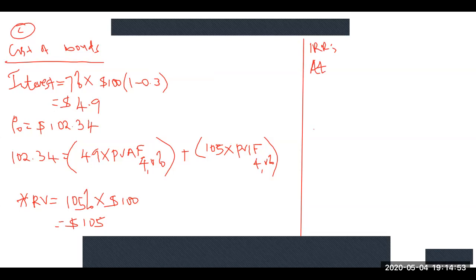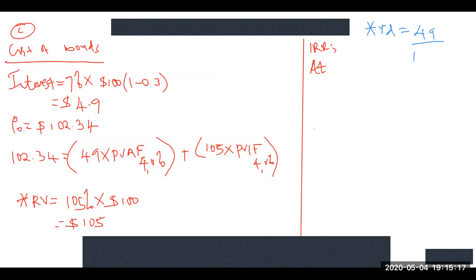Let me put that note somewhere. If the bond was irredeemable, the cost would be equal to the interest, which is 4.9, over P naught.